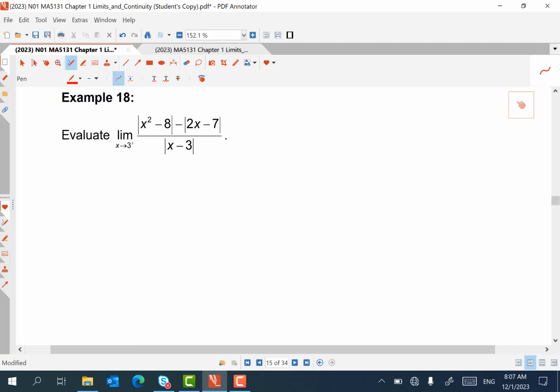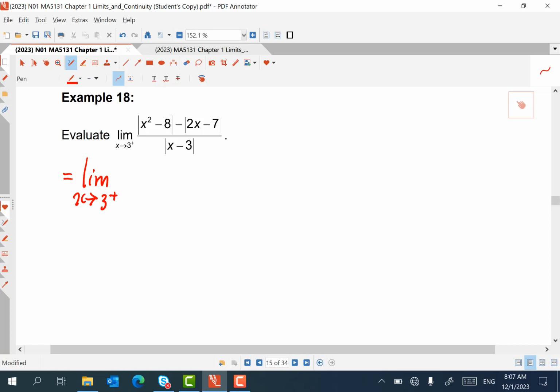For question 18, you want to note that when you are tending toward 3 plus, you think of numbers that are considered 3 plus. What numbers are like 3 plus? 3.00001. Brilliant.